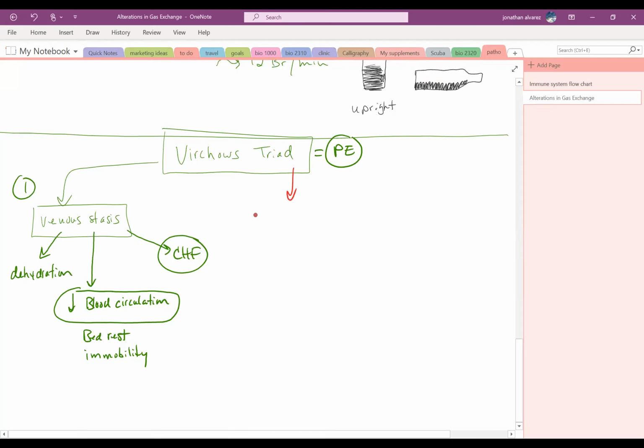All right. Another factor for pulmonary embolism, hypercoagulability. I just broke the word down for you. Hypercoagulability.